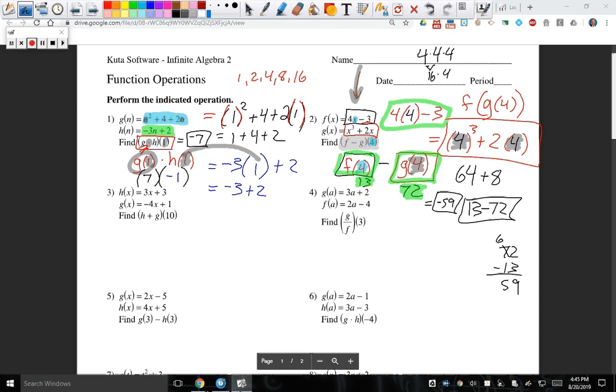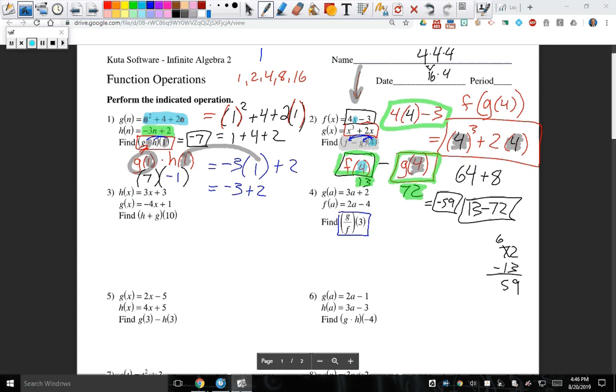All right, so now let's go to 4. Number 4 is asking, what is g divided by f of 3? Now remember, just like with these other ones, it almost looked like distribution. It felt like we distributed this 4 here, and this 1 here.